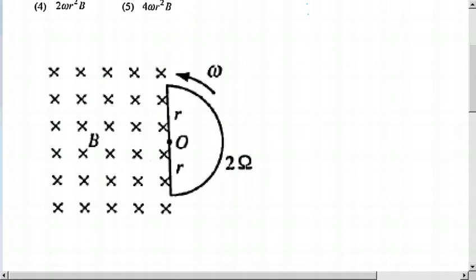So this circular part doesn't make any voltage or any current, because it goes through these field lines, but it doesn't cut the lines. So therefore this circular part doesn't affect. So we don't have to consider that one. Therefore only we have to consider this one, because this is the only conductor that cuts the magnetic lines.